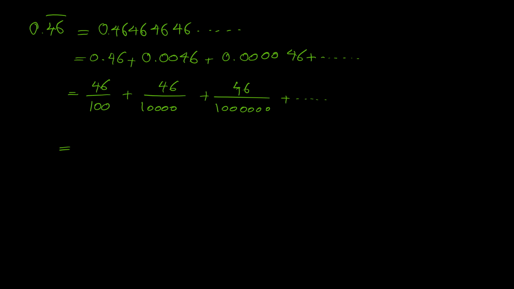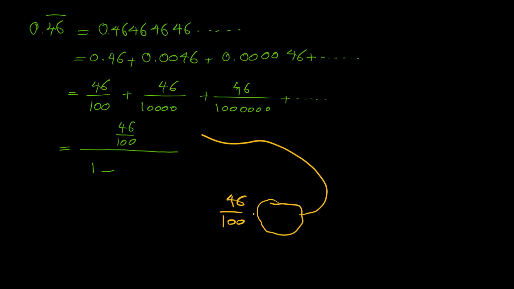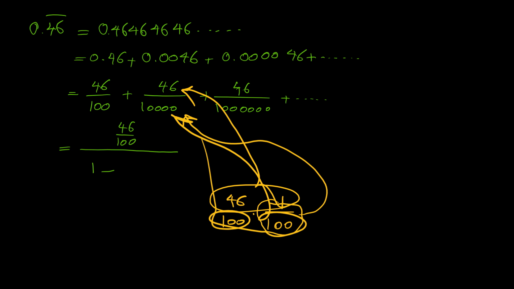What is the sum? First term, which is 46 over 100, all over 1 minus ratio. And what is the ratio? Can you find the ratio here? 46 over 100 is multiplied by some number, and then we have this term. What is that number? What is that ratio? That ratio is 1 over 100. 46 times 1 is 46. 100 times 100 is 10,000.